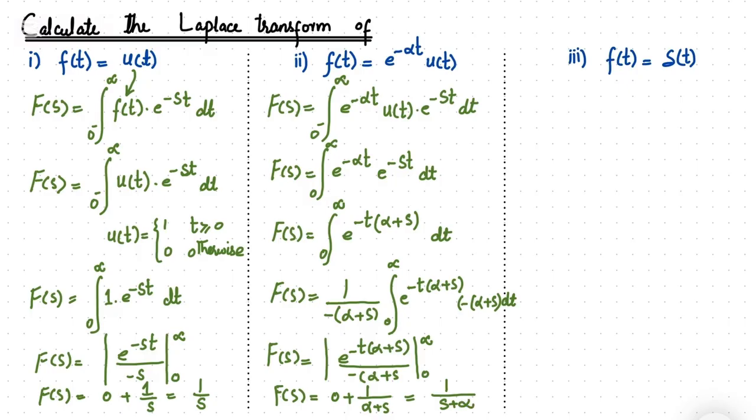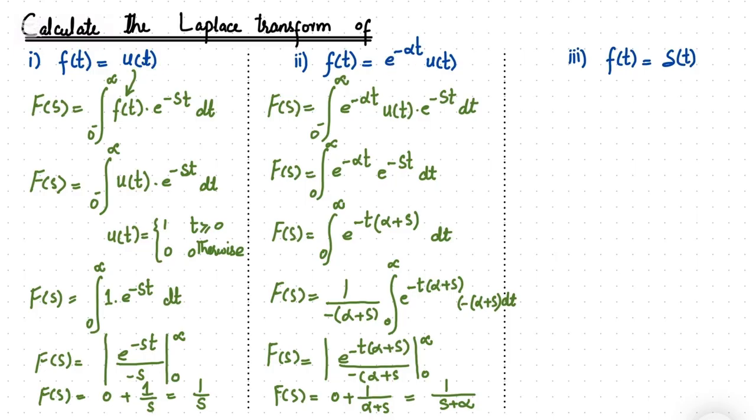This is one of the very important properties which we will be discussing next. When we calculated the Laplace transform of the function u of t, we got 1 over s. When we multiply the function u of t by e raised to power minus alpha t, what is the result?